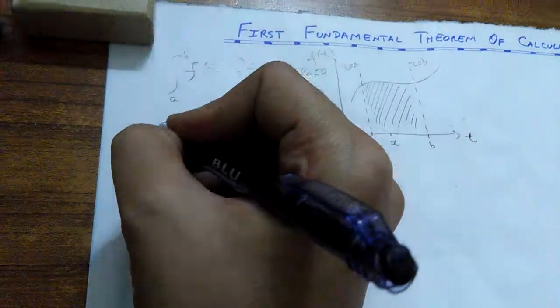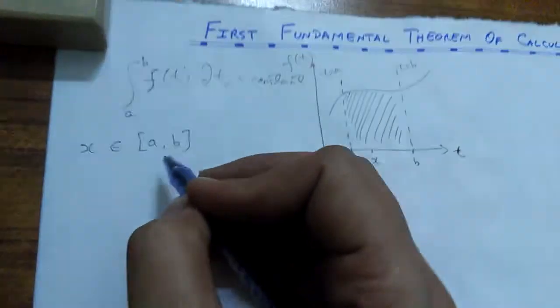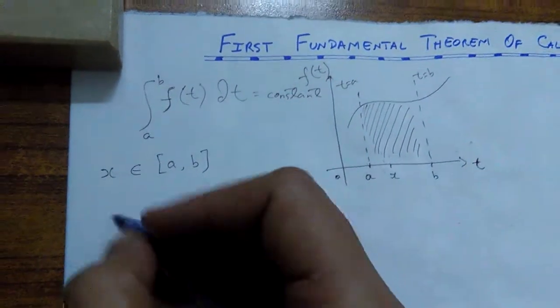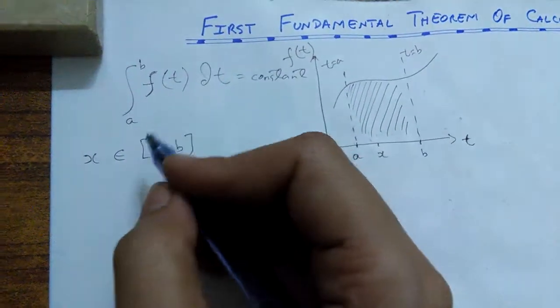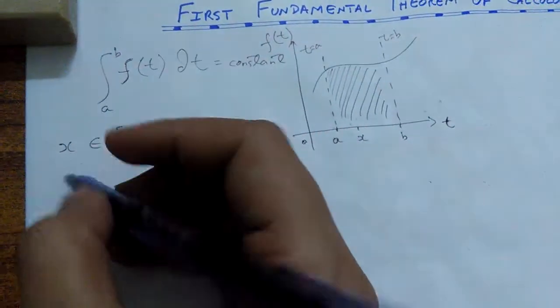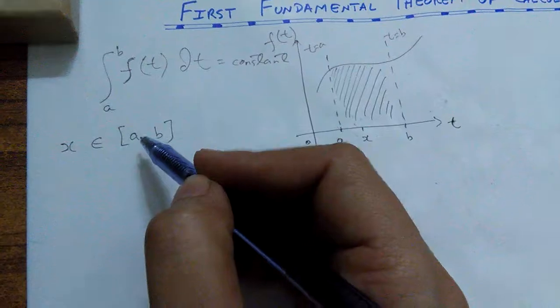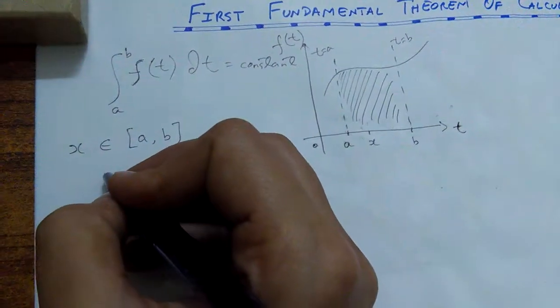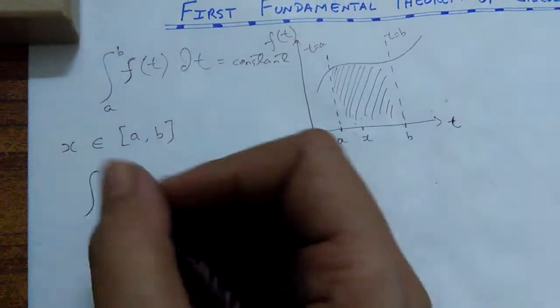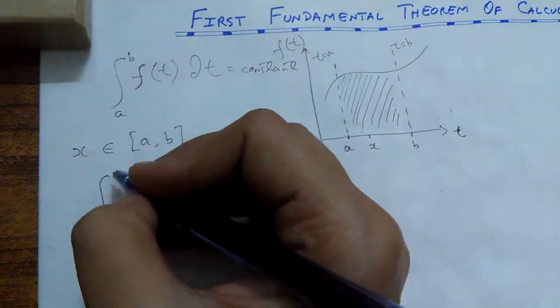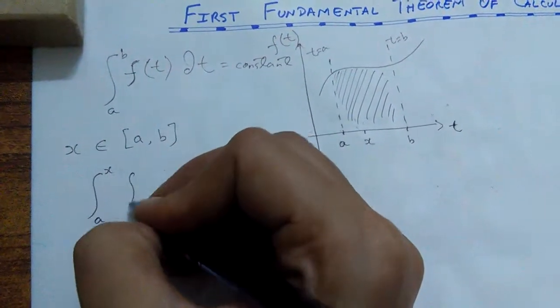Then if x belongs to this closed interval [a, b] such that f of t is continuous, definitely it is going to be integrable. So if f is continuous at this point as well, then it is definitely going to be integrable.